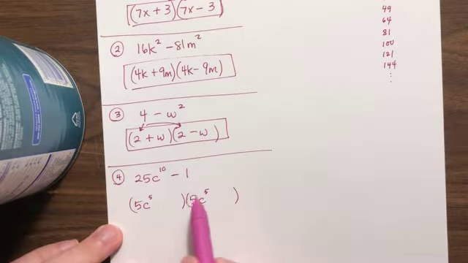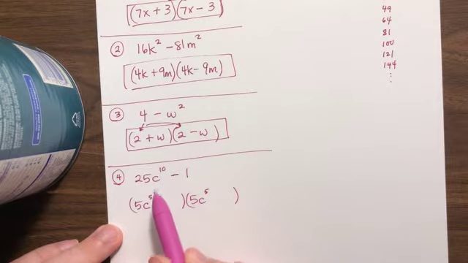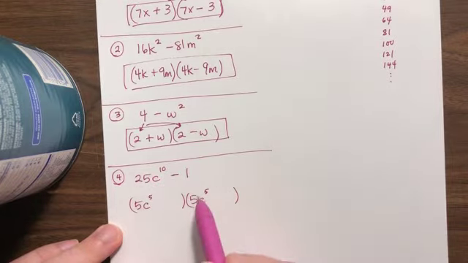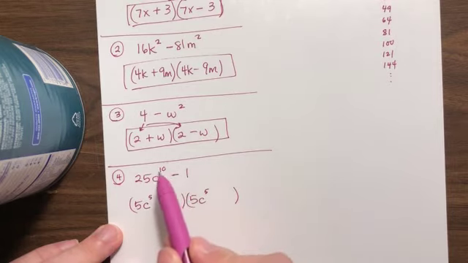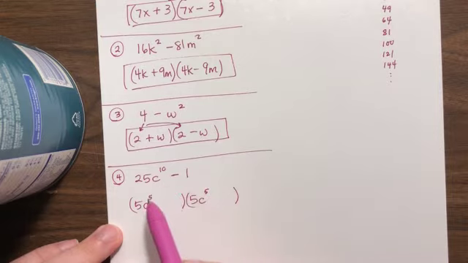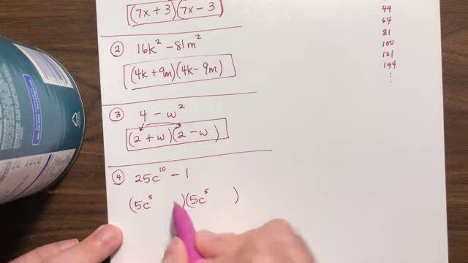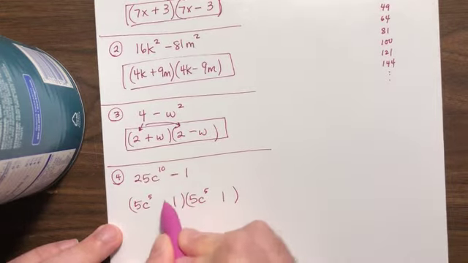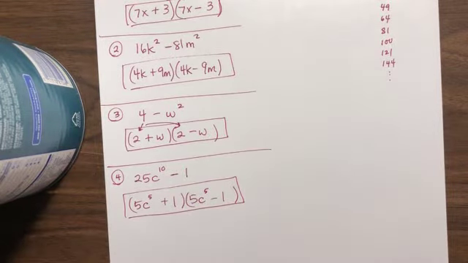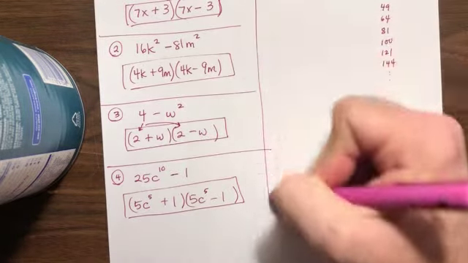So when you multiply these two together, you get 5 plus 5. That's what's happening. So when we break down numbers, we break them down into square roots. But when we break down exponents, we break them down by dividing by 2. 10 divided by 2 is 5. 1 breaks down into 1 and 1, and then we put plus, minus, and we're all done. Okie dokie. That's 1 through 4.